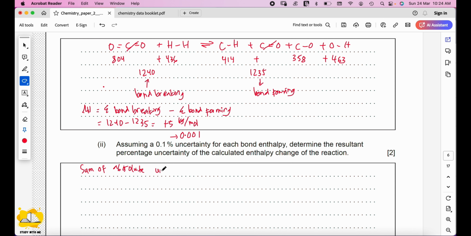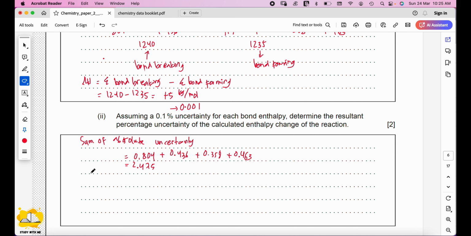So the sum of absolute uncertainty will be 0.804, because 0.001, all right, plus 0.436 plus 0.358 plus 0.463, it will be 2.475.